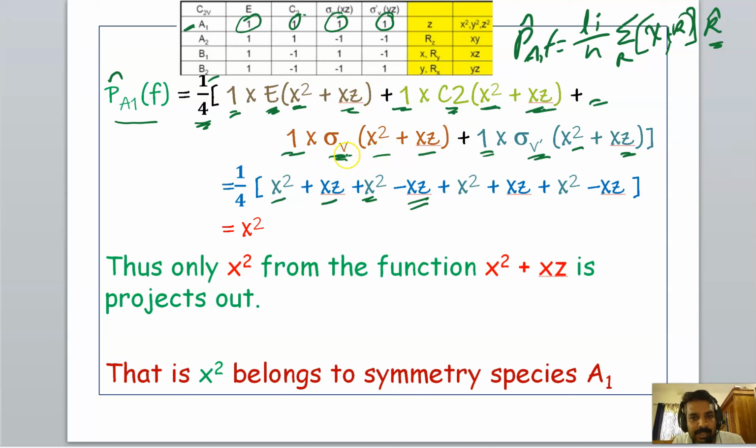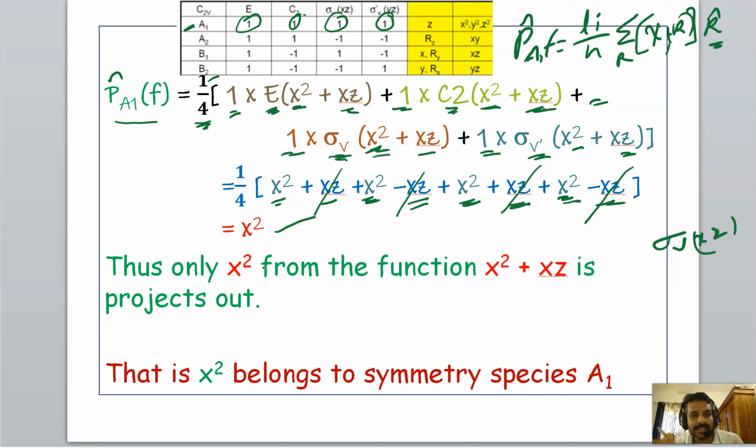Sigma v on xz, acting on x, x becomes x itself, therefore x square is the same here, and xz is also here. Again 1 into sigma v dash, which is yz, then x becomes minus x, square is equal to x square, minus of xz is equal to minus xz. So this will cancel, xz minus xz, again xz minus xz. x square plus x square plus x square plus x square, 4x square divided by 4 is equal to x square.